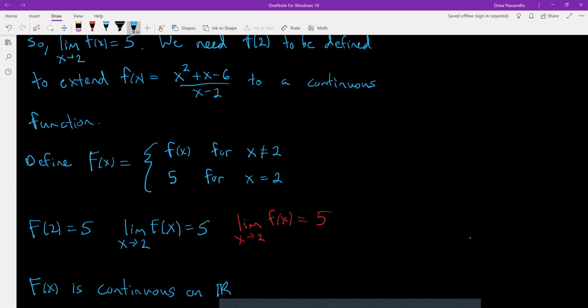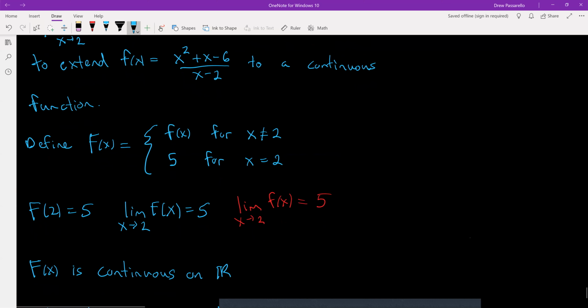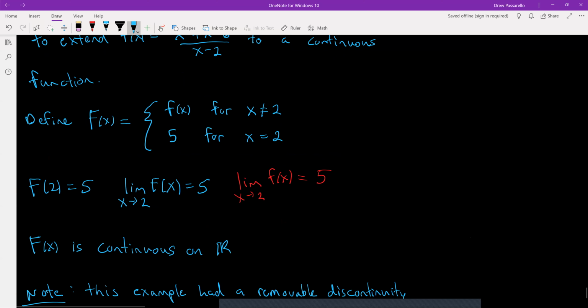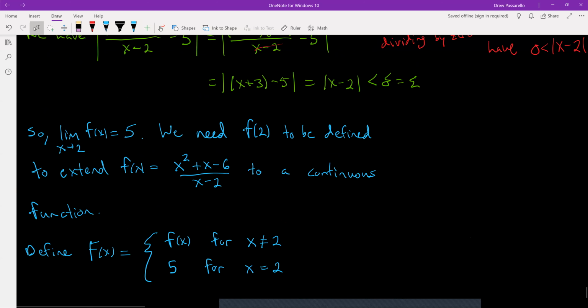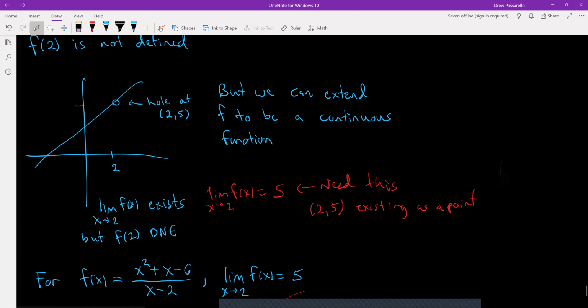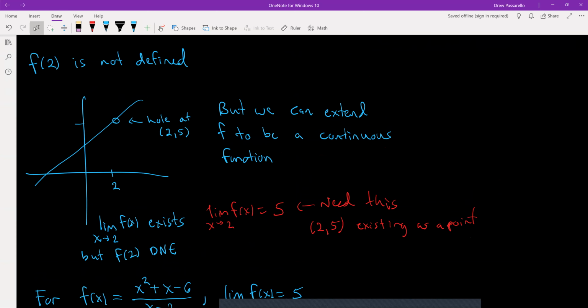All right, so now that we have that, we can say we have a continuous function. Capital F of x is our continuous function. And note that this example had a removable discontinuity. In other words, we looked at the graph of this function. It had a hole at the point (2, 5).